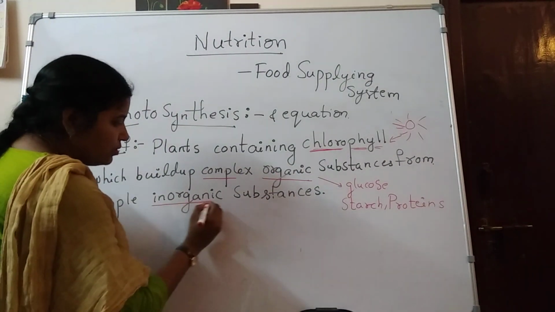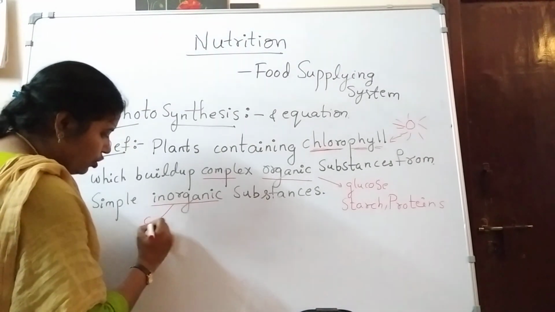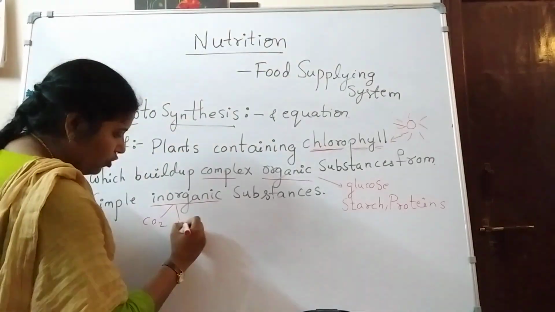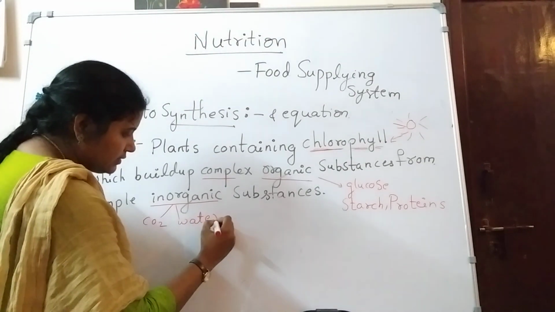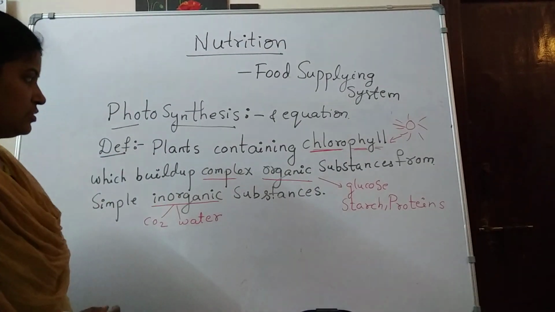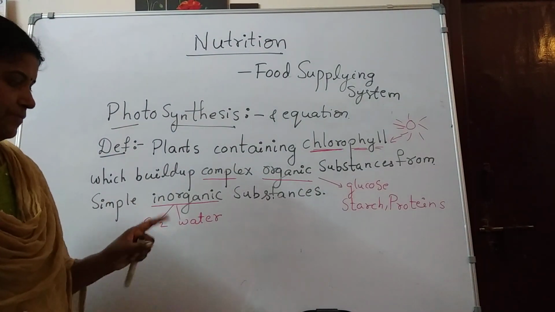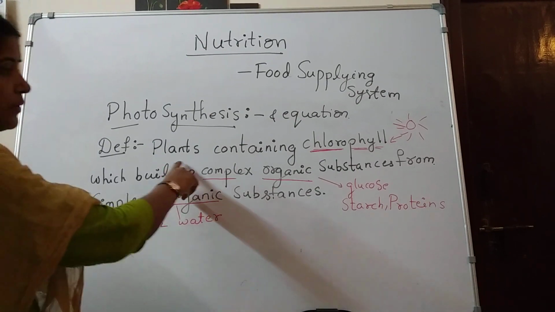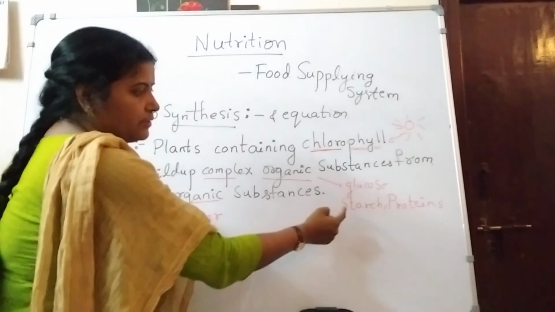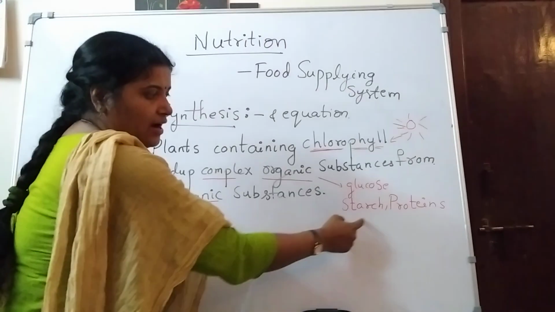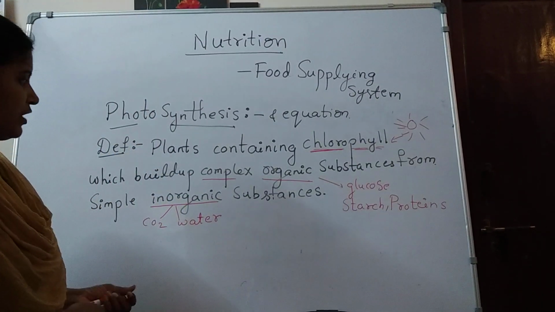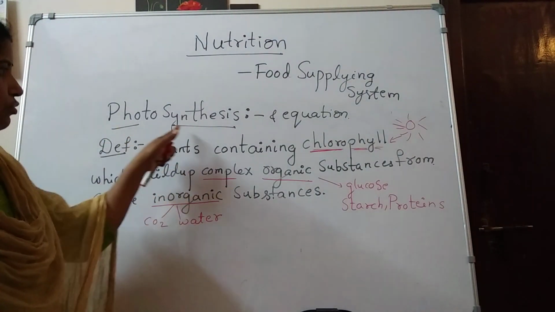What are these inorganic substances? Inorganic substances means carbon dioxide, water. So from the simple inorganic substances, the plant is preparing the complex organic substances like glucose, starch, proteins. Okay, so that's why it is known as photosynthesis.